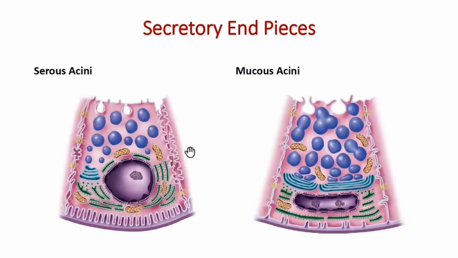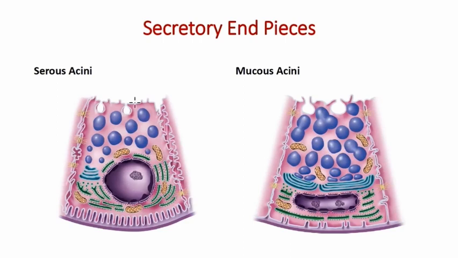Adjacent secretory cells are joined by desmosomes. Usually we have a spherical mass of cells with spherical nuclei and a small lumen in the center.